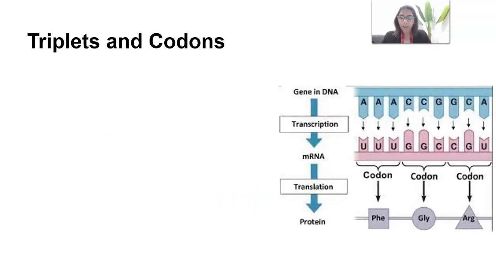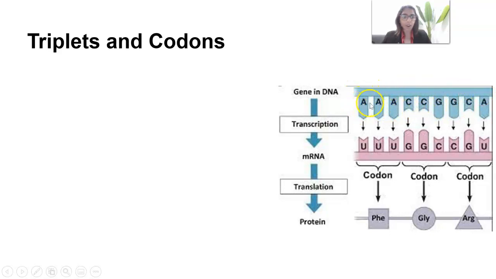So before we talk about transcription and translation in more detail, we just need to cover some of the key terminology that we need to understand. Start off by looking at this little cartoon here. The blue at the top is a section of a gene. We can see the backbone of DNA and we can see the nucleotide bases.